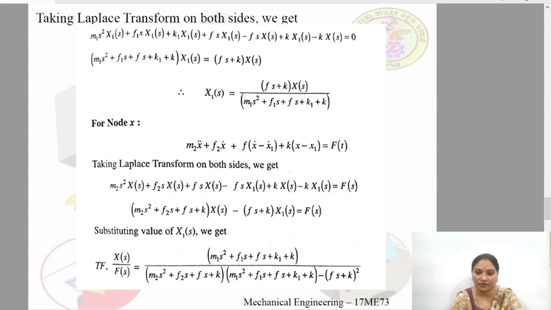Substituting the value of X1 of s that is obtained above, we get the transfer function X of s divided by F of s equals m1 s square plus f1 s plus f s plus k1 plus k divided by m2 s square plus f2 s plus f s plus k, and in the second term m1 s square plus f1 s plus f s plus k1 plus k, minus (f s plus k) square.